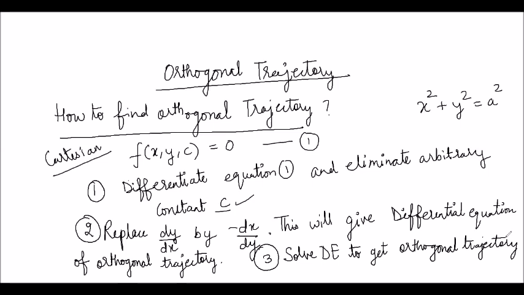Now, if the given family of curves is polar in nature, what are the steps to find the orthogonal trajectory? Let us consider the equation in polar form, so it will involve r and theta and some parameter, say c.